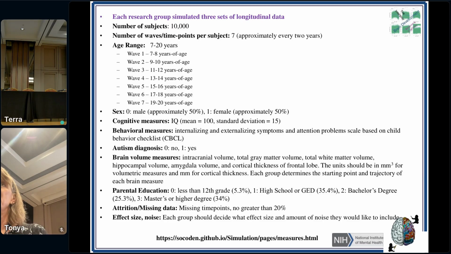They could also put in demographics, and there's also the possibility of missing data, because if you have longitudinal data, missing is more the norm than the exception. This is all 7 structural variables, 3 continuous, pseudo-continuous behavioral variables, and 1 dichotomous autism variable, yes or no.